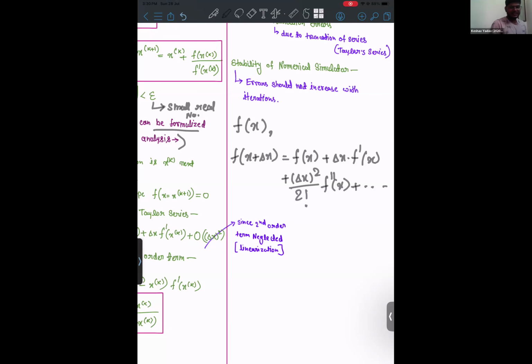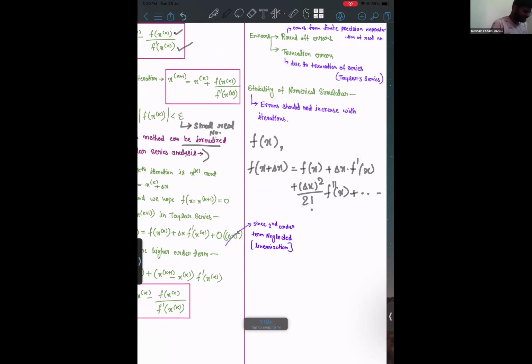By using the Taylor series expansion, I can write the function f at x plus delta x using f of x and its derivatives at the point x.